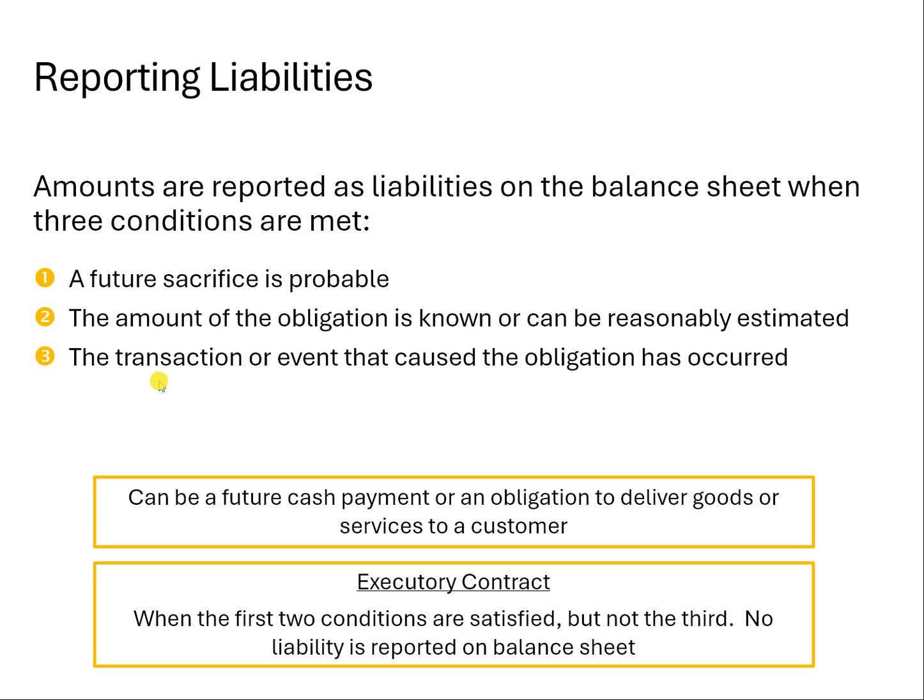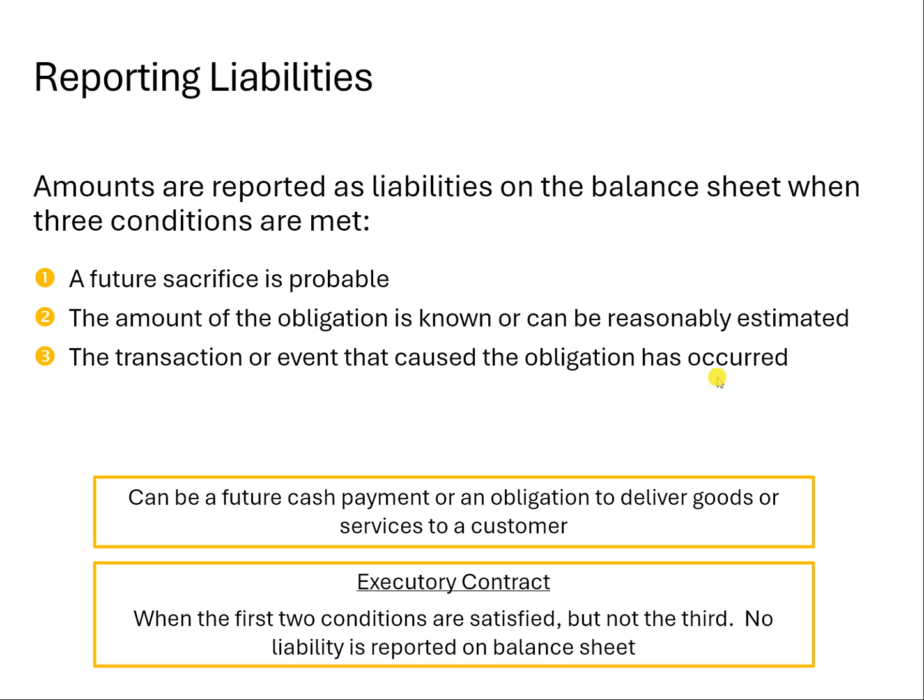Okay, and the obligations, right? Because we have the obligations, the transaction or the event that caused the obligations has occurred. So it's from a historical event, which is very important for the third criteria.